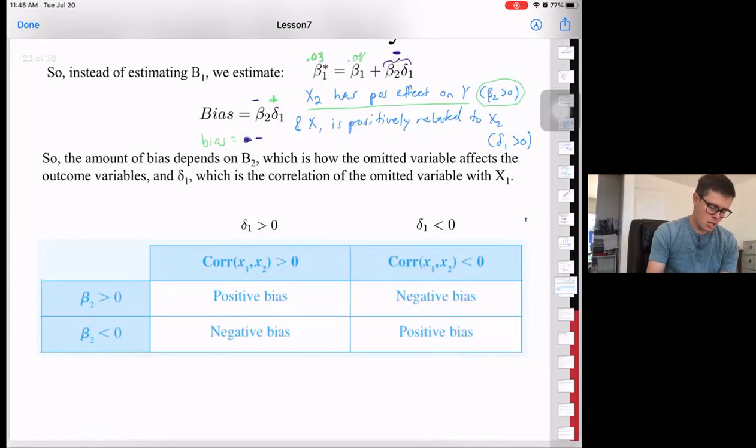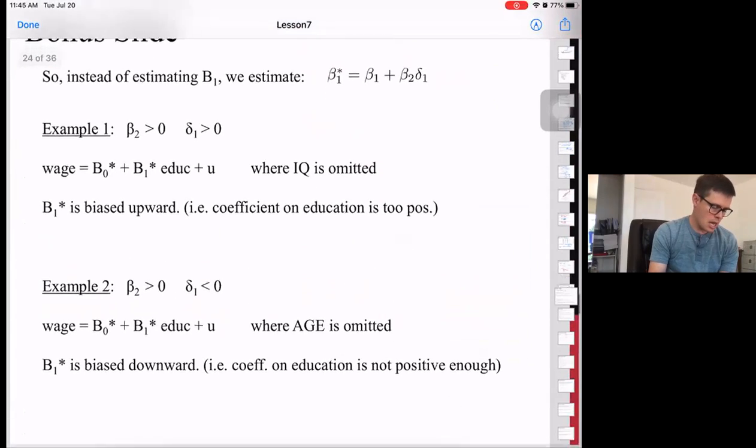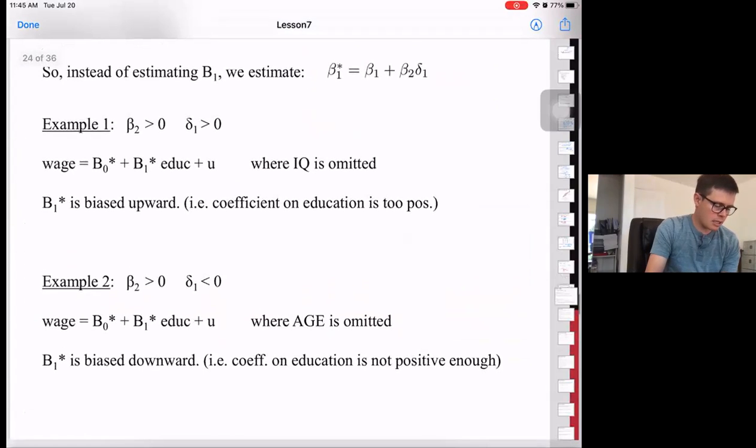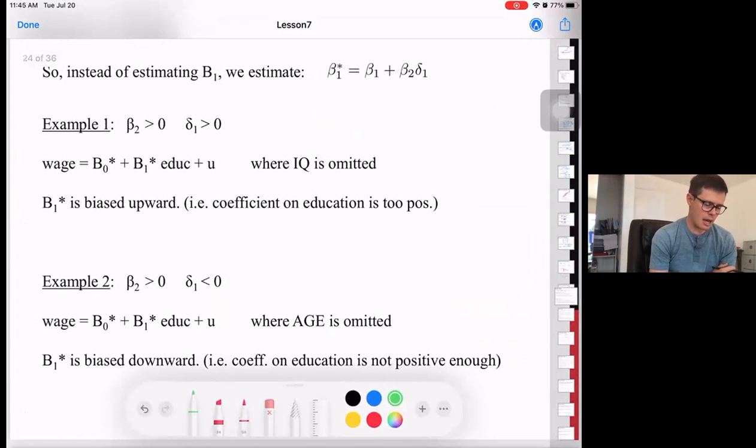Instead of estimating beta 1, we estimate, these are just some examples, this piece with a bias term, beta 2 delta 1, where IQ is omitted.